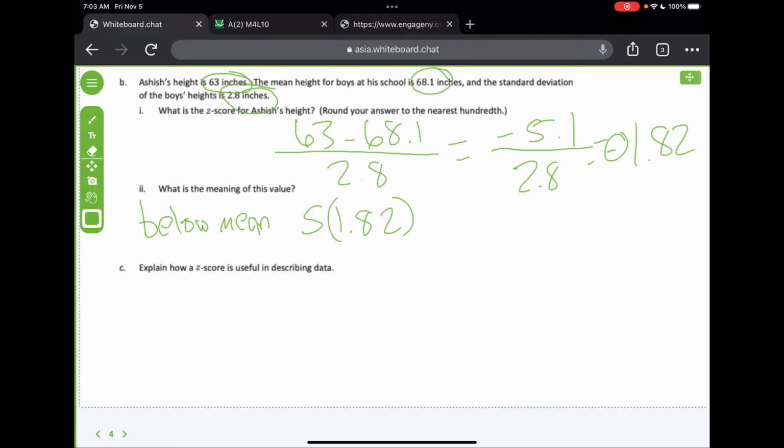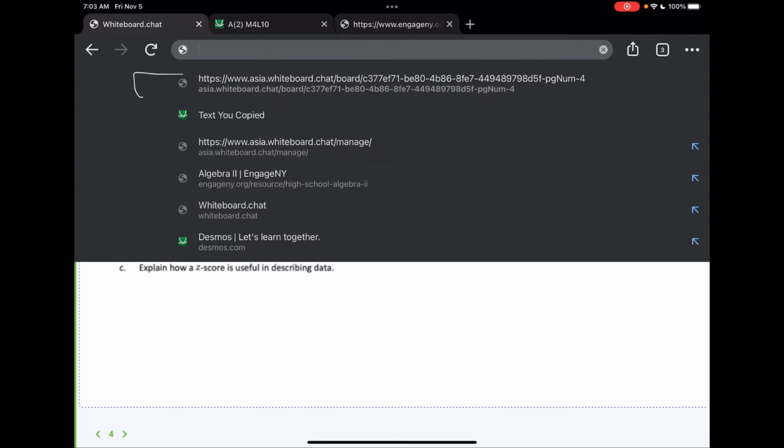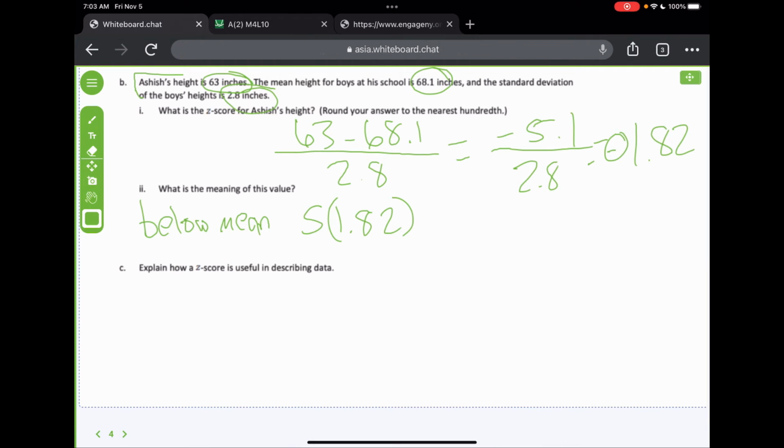So what does that mean for this kid? Well, it means that he is still within the 2 range, right? Because it's more than 1, but it's less than 2.